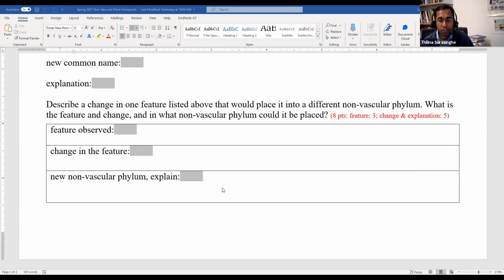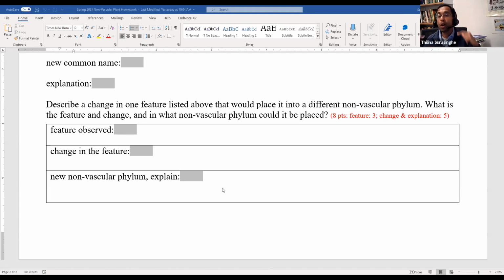So in other words, it's what kind of character, what kind of new observation, would make you change your mind. It's not something listed already at the top of the page. You have to be creative. It's a new feature. Hypothetically, if you were to observe this particular feature, what would you call it in terms of phylum? That's the question.